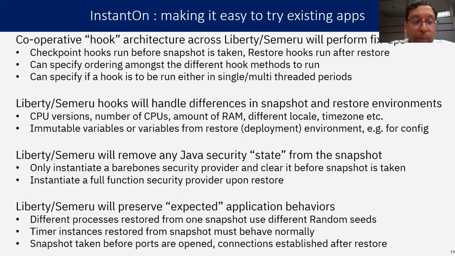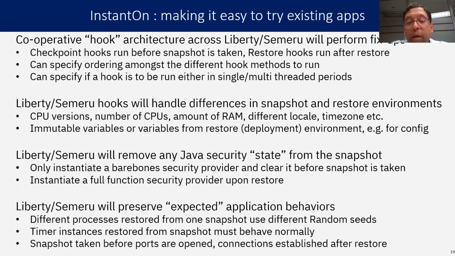Now, security is obviously a concern in this as well, if you're shipping checkpoint files in your container images. We've done some work to create a new bare-bones Instanton security provider, which we use before the checkpoint phase is reached in Liberty.